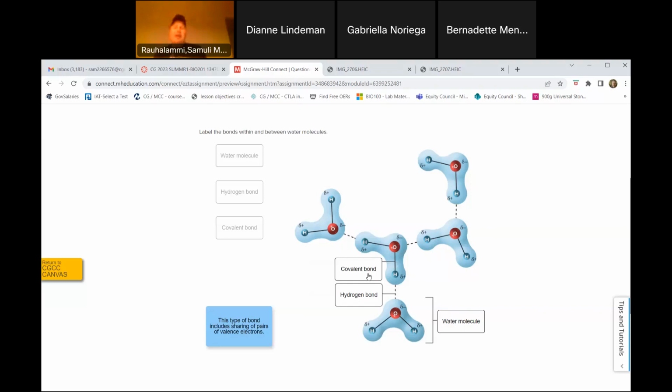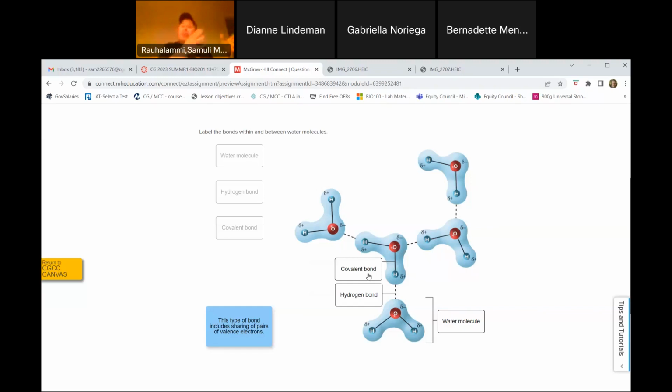In addition, we ended up seeing that water was so special for life that the bonds that water molecules form with other water molecules had a special type of bond that we talked about. And to understand this hydrogen bond that we see between water molecules, we have to recognize that these electrons that we're seeing shared between hydrogen and oxygen are not shared evenly.